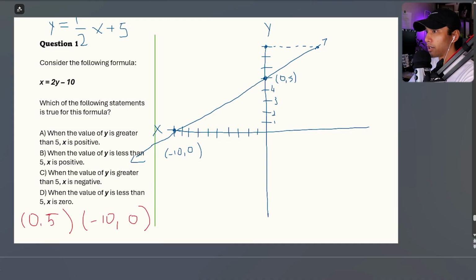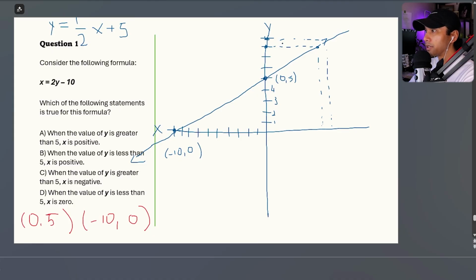And we know that x is positive. It ends up to be positive. If we choose another number, let's say 9, again, we go here to our line. The x value will be positive. And if we keep going, we'll see that it's always going to be positive to infinity.